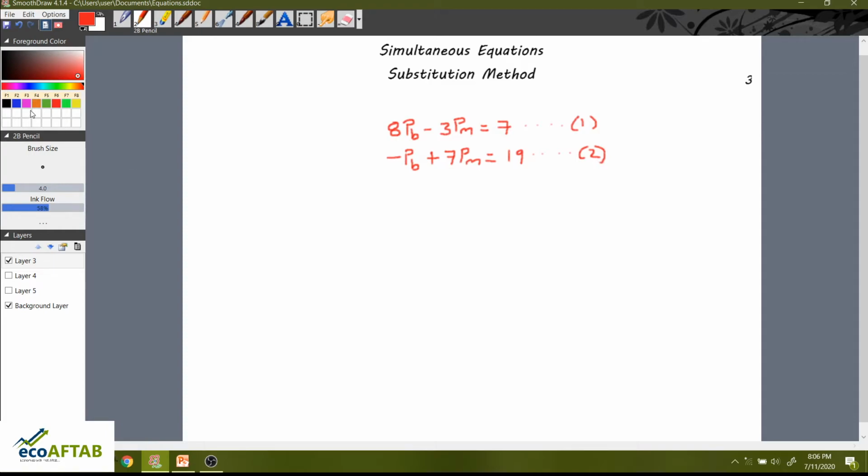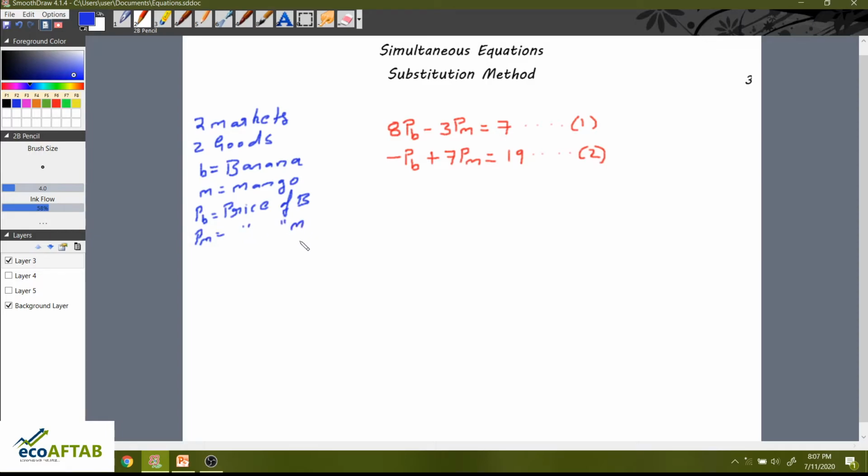So there are two markets, and in these two markets, two goods are sold. Let us say the good B is banana and the good M is mango, and PB is the price of banana and PM is the price of mango.